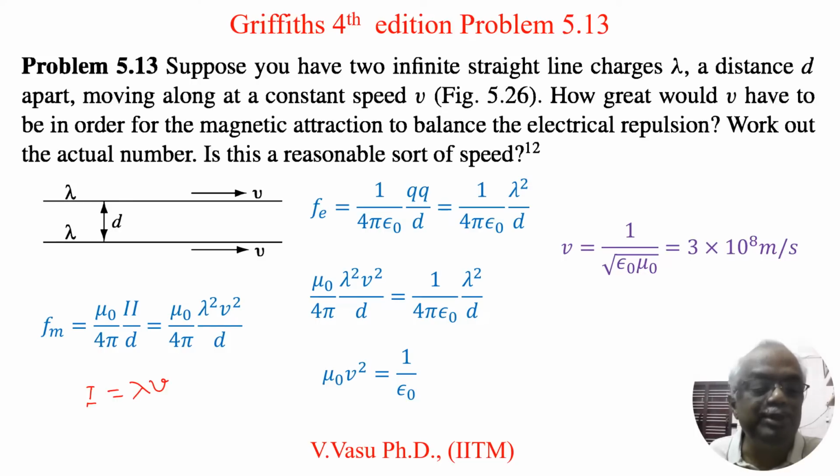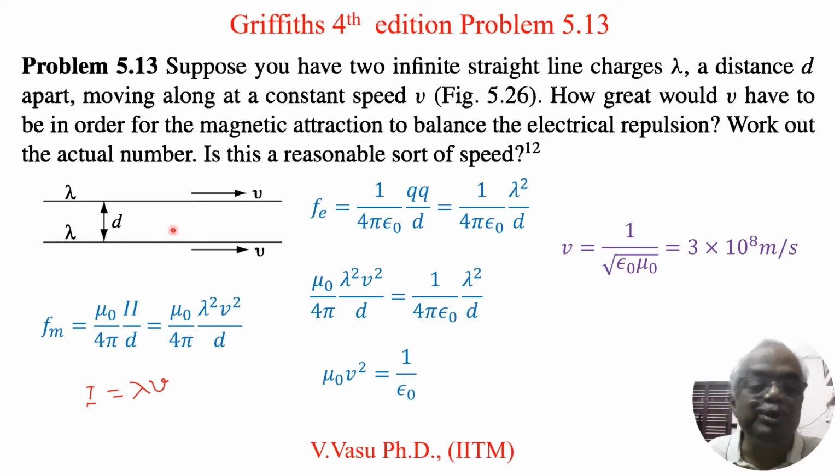Lambda is the charge per unit length. If you multiply this by v, you will get the current. So here both are equal charge. So naturally, this will be I times I, that is lambda squared v squared over t. So the magnetic force of attraction is equal to mu naught over 4 pi, lambda squared v squared over t.